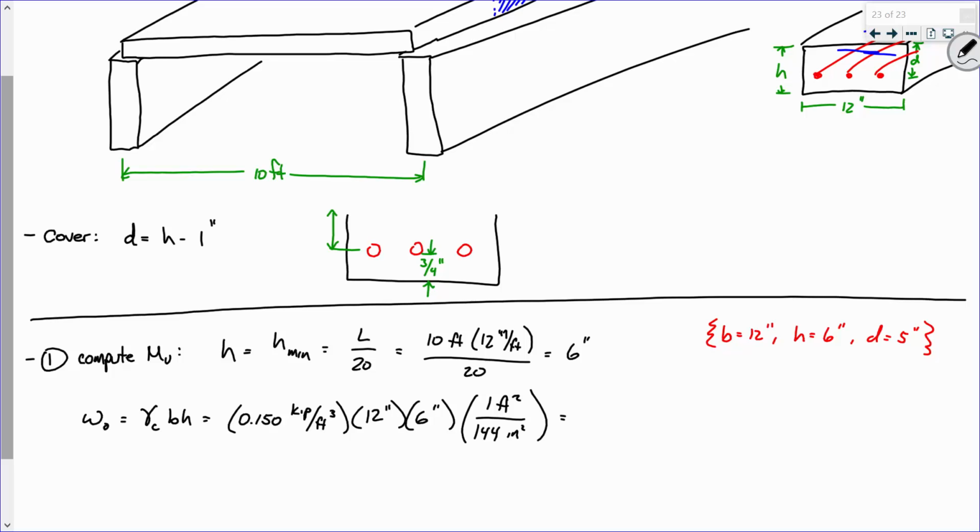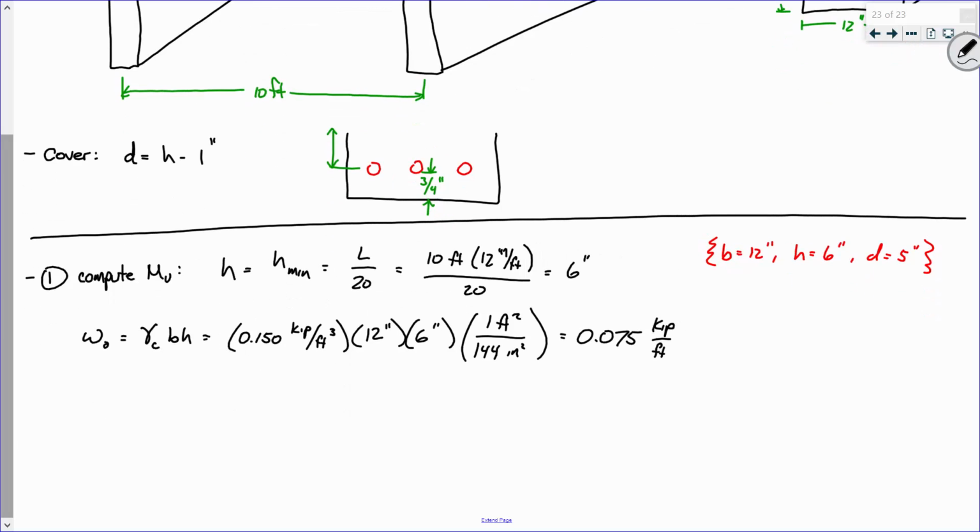No, that's fine. What do we got here? Okay, now, let's think about this. The live load. What's the live load?